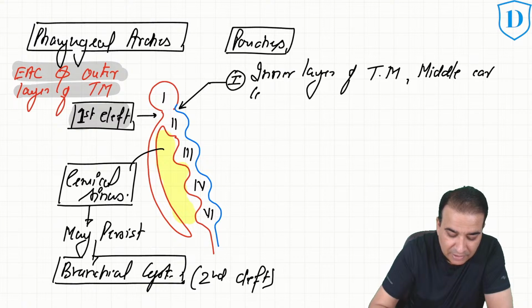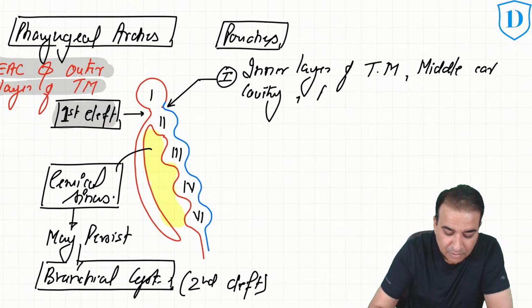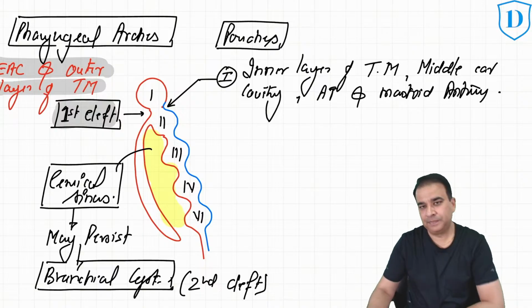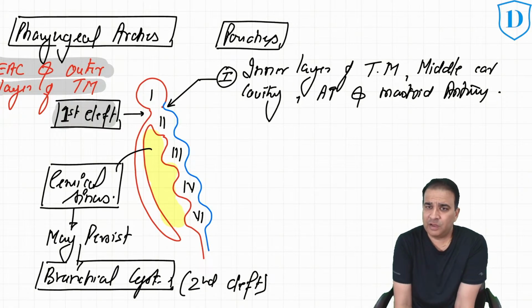Middle ear cavity. Auditory tube or eustachian tube. And mastoid antrum. Inner layer of tympanic membrane, middle ear cavity, auditory tube and mastoid antrum.